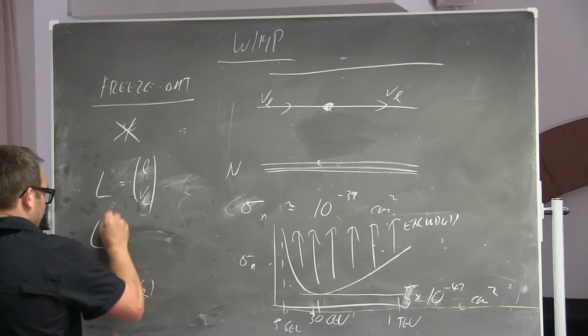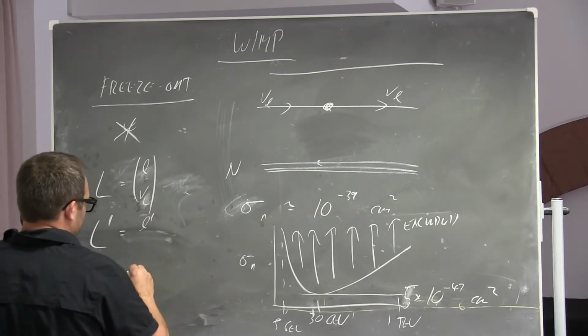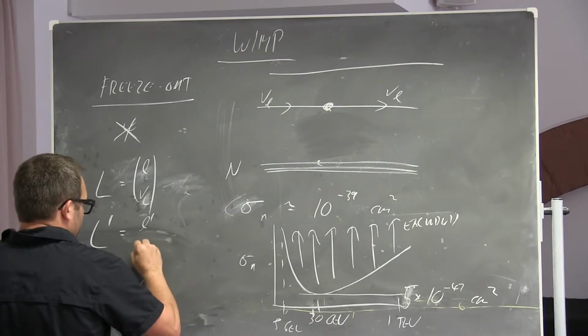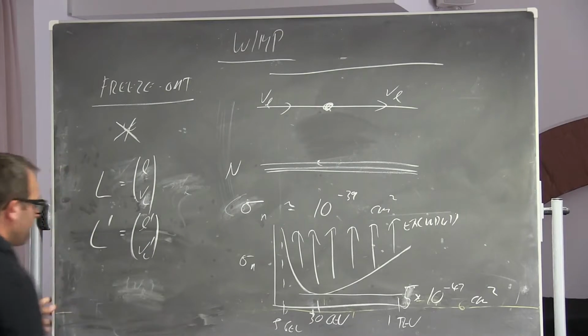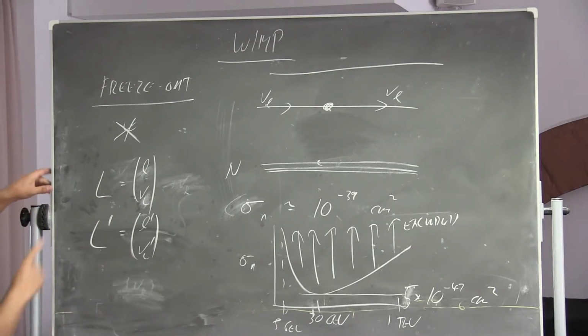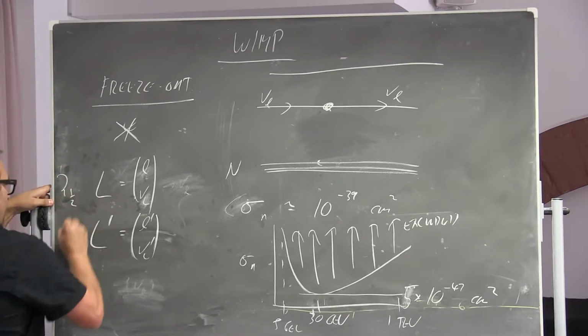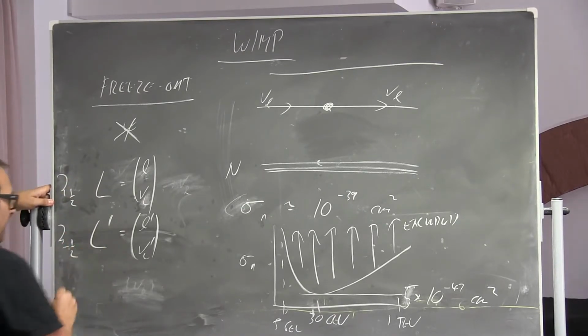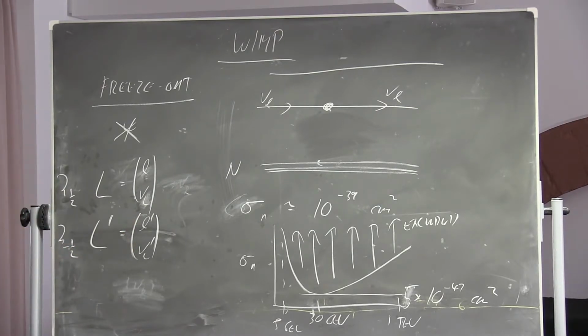So I have an L and an L prime. Oh, I don't know how to draw this, but okay. Anyway, it's fine. And then L prime, something like that. Where, to be clear, this thing is in a 2, 1/2 representation. This is in a 2, minus 1/2 representation. And whether you want them this way or flipped, okay, let's not get into that.